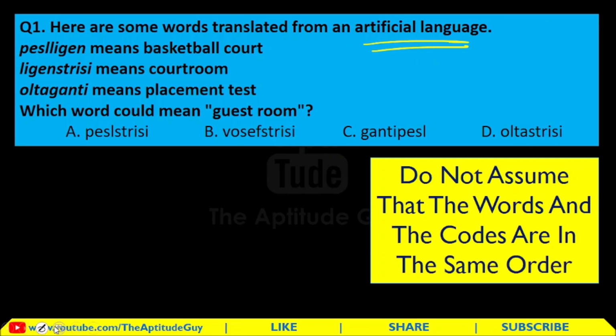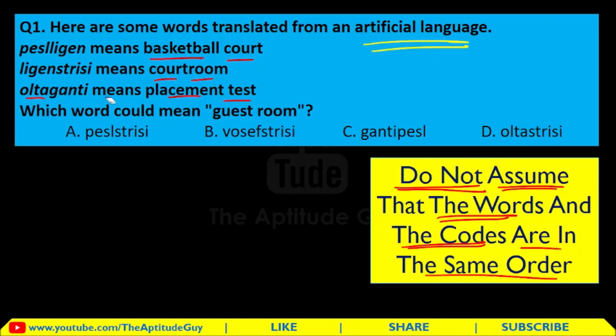What does that mean? Do not assume that the English words and the artificial language codes are in the same order. We are not supposed to assume that they are in the same order.